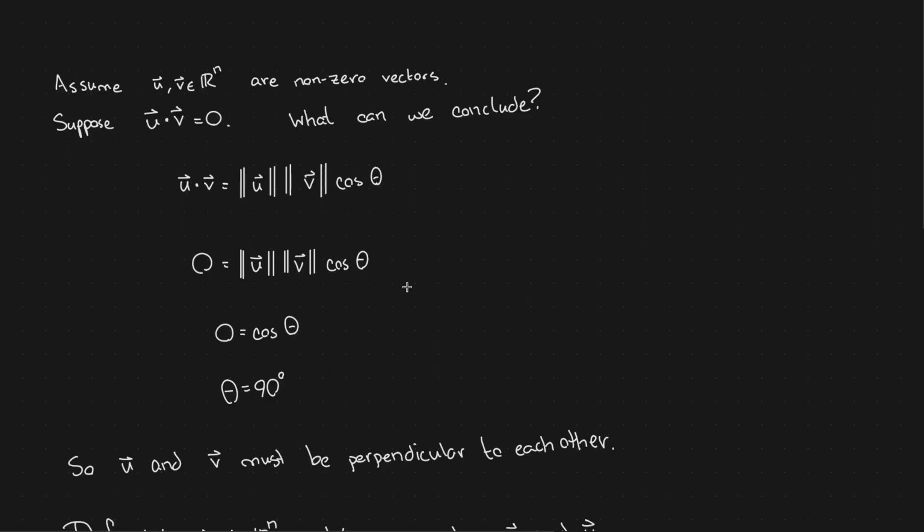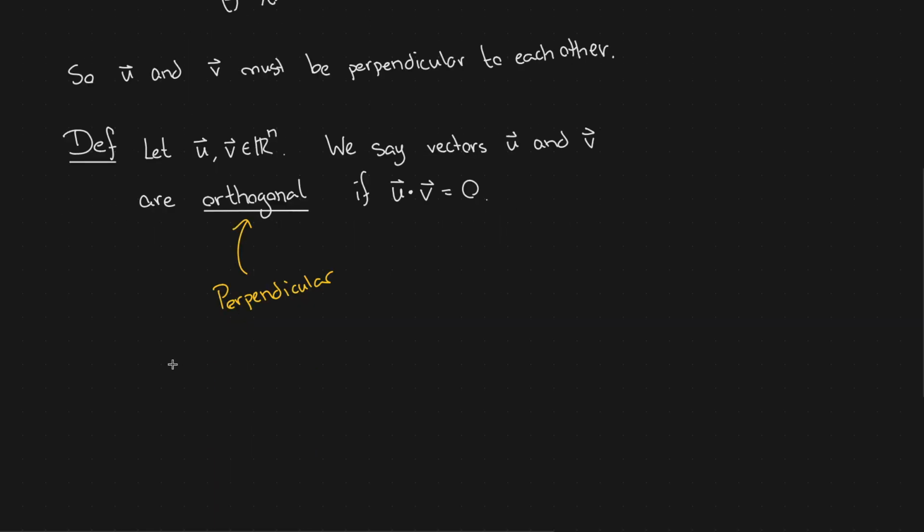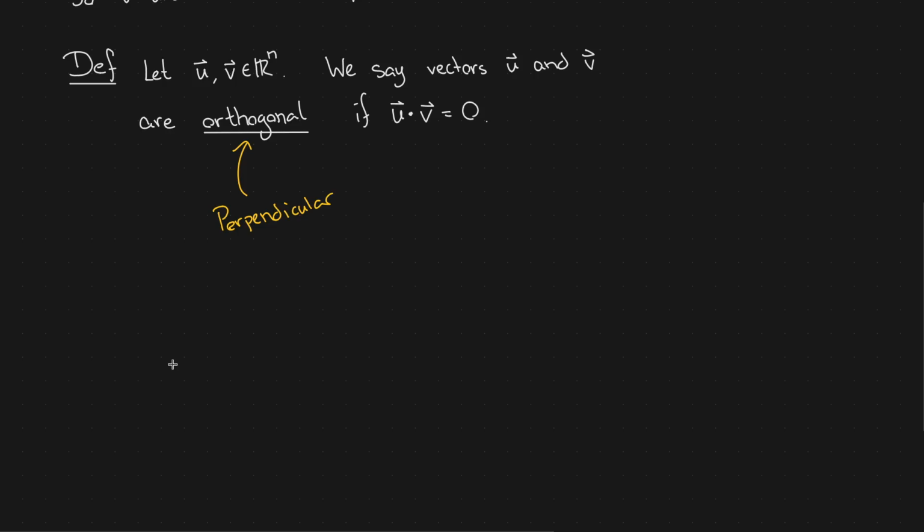If the dot product of two non-zero vectors is 0, then the angle between them must be 90 degrees, so geometrically they must be perpendicular. Notice the definition here is just a hair broader because we do not make the assumption that u and v are non-zero vectors. So we would say u and v are orthogonal if their dot product is 0, even if one of those vectors is 0.